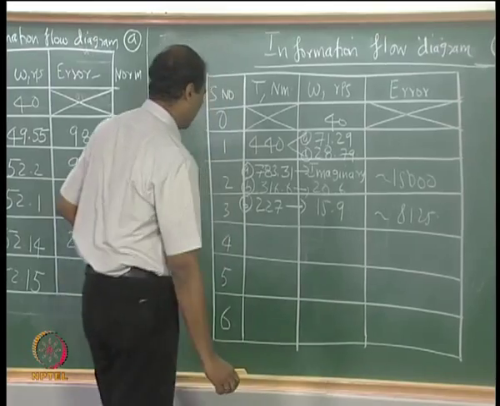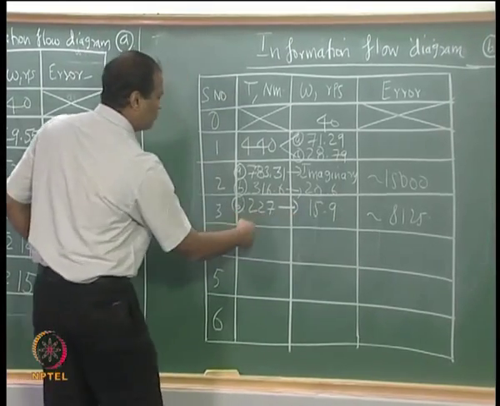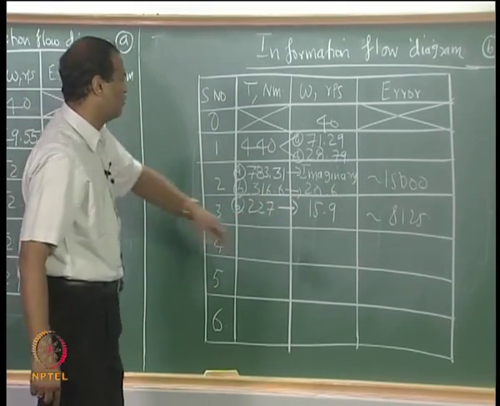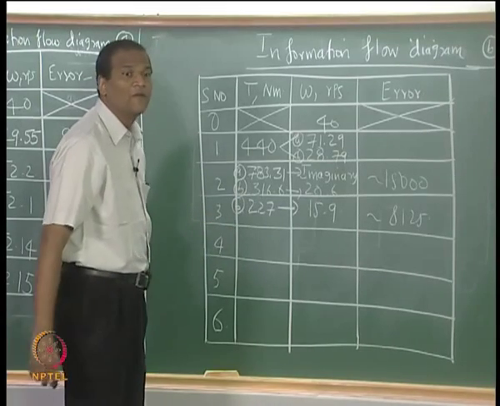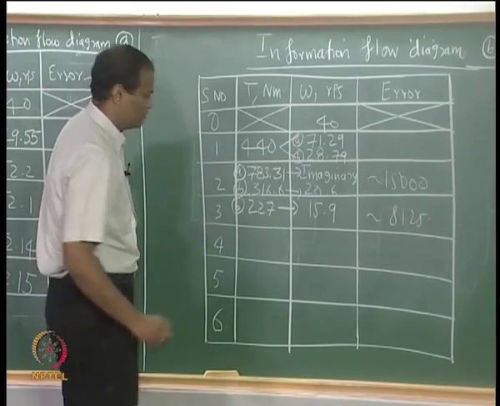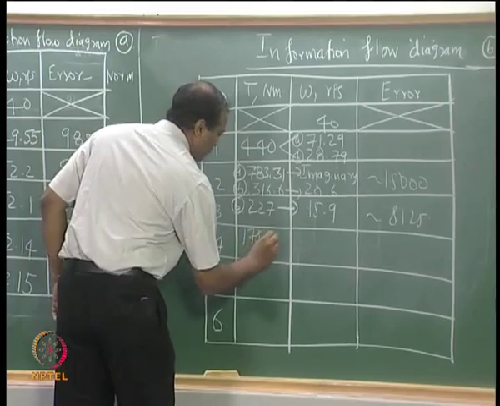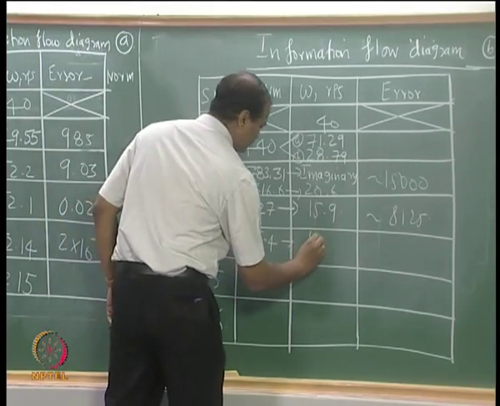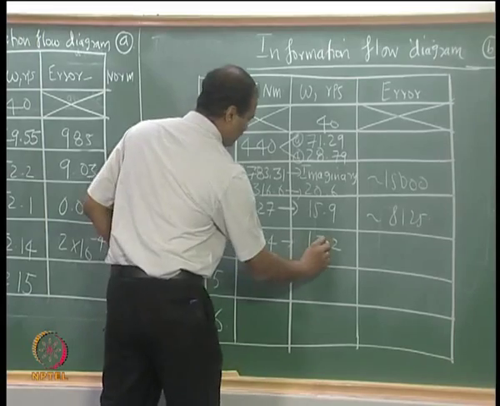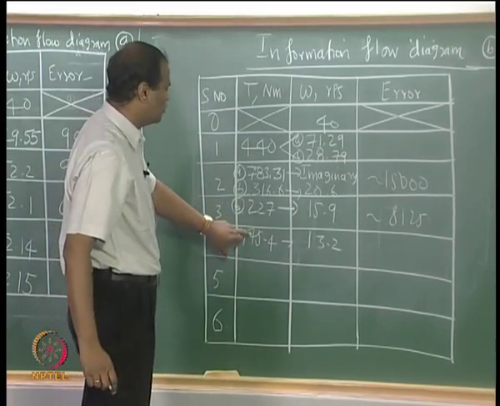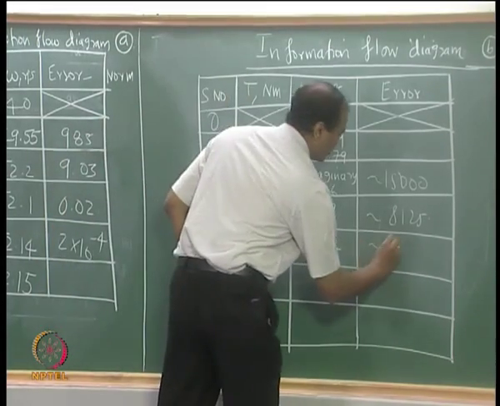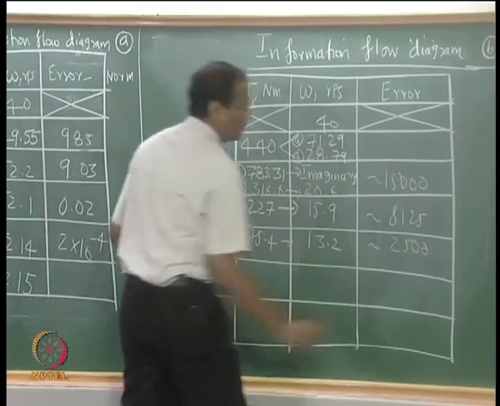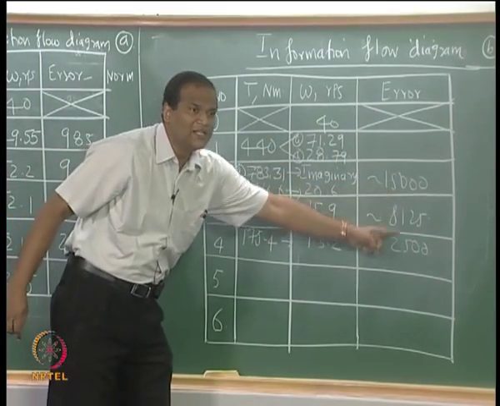So using this 15.9 you can again work back. How much are you getting? 175.4. Okay, 175.4 with this. So this will be about 50 squared, 2500, so about 2500. You can see it is rapidly decreasing.